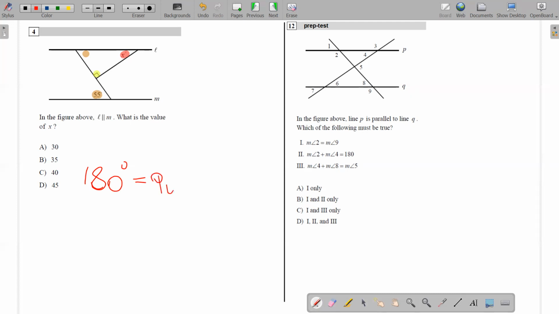The sum of the 90 degree angle plus the 55 degree angle, plus X. So now what I can do is just solve this equation for X. I will end up with X equal to 180 minus 90, minus 55, which is 35 degrees. So my right answer will be B.